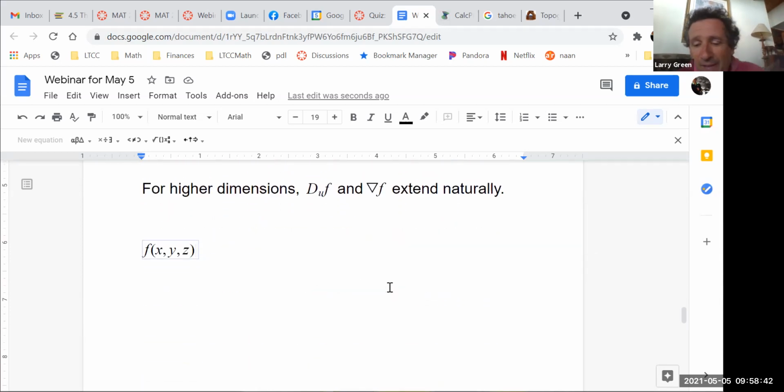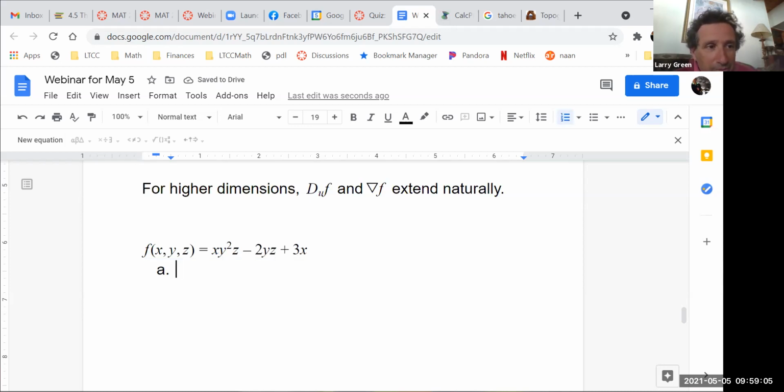Okay, so if f of x, y, z is equal to x y squared z minus 2yz plus 3x, let's first find the directional derivative in the direction of, how about... yeah, there's no way to have nice things.